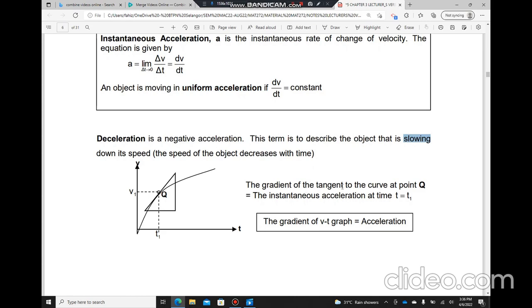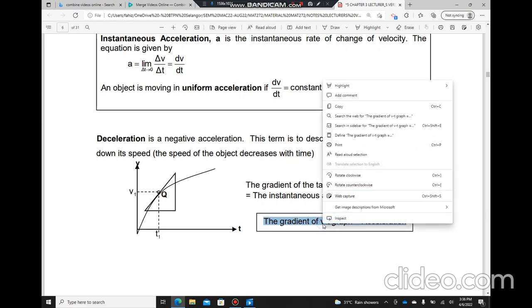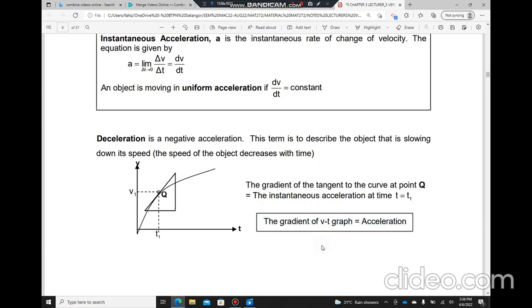Okay, the gradient of the tangent to the curve at point Q equals to the instantaneous acceleration at time t equals to t1. Okay, yang ni kalau kita ada graf ni, ni graf yang kedua, katakan kita ada graf VT. So gradient dia adalah acceleration. Macam tadi graf ST kan.